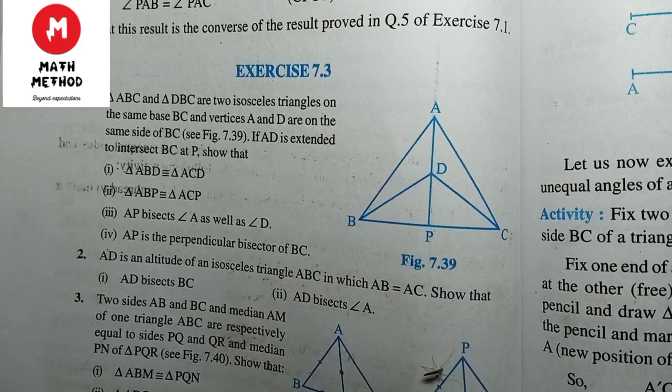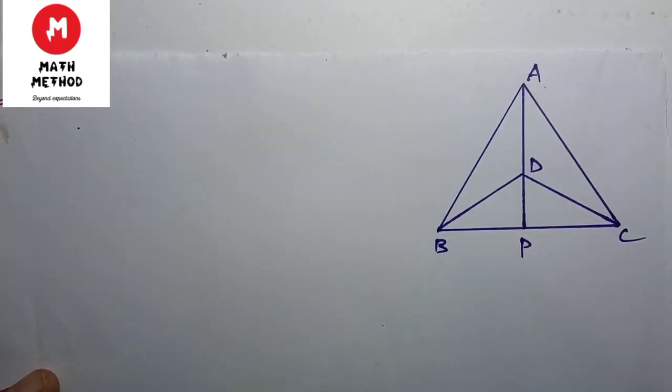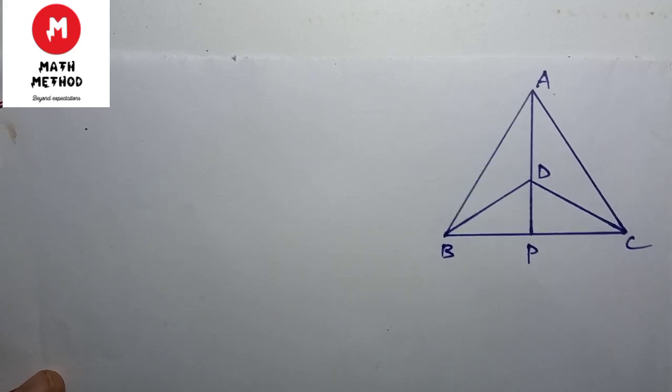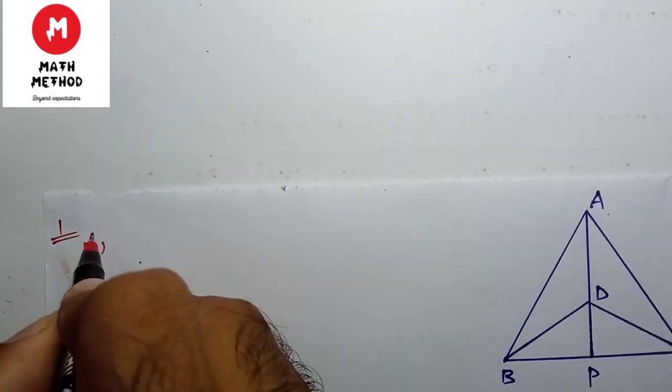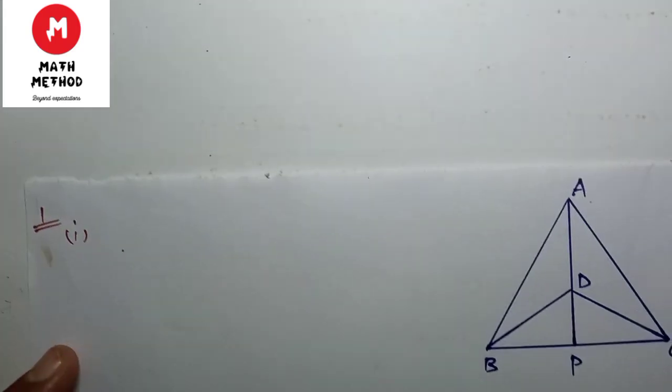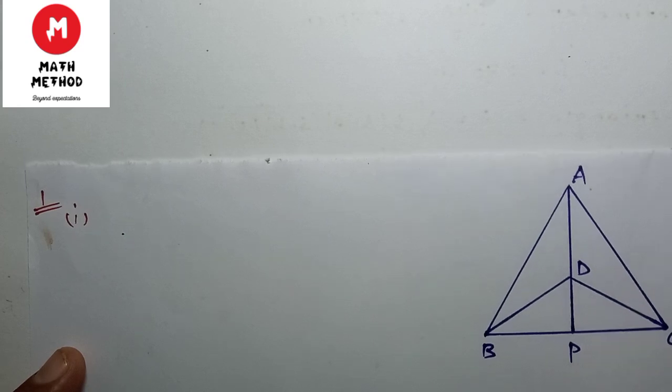Now start with part 1. I have drawn the figure like this. This is the figure 7.39. Part 1 is, we have to prove triangle ABD is congruent with triangle ACD.